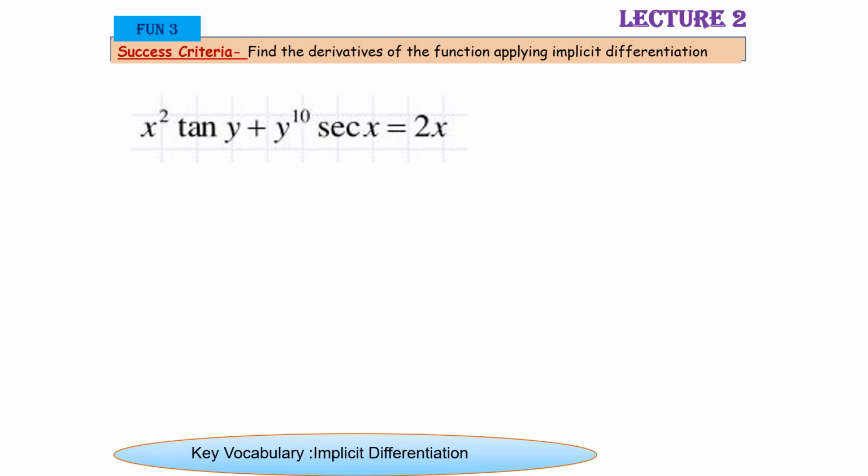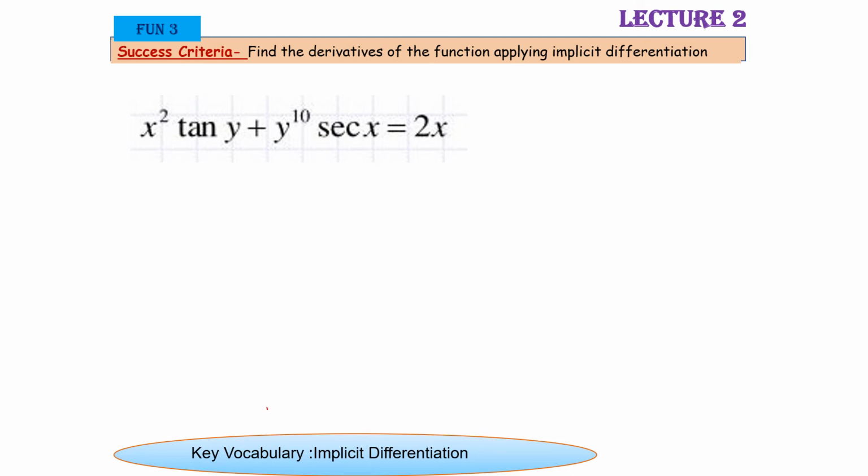So here, x squared tangent y plus y to the power 10 secant x equals 2x. Now let's see how we can solve such questions. Here you all know that the derivative of secant x is secant x tangent x, and the derivative of tangent y is secant squared y, y prime.